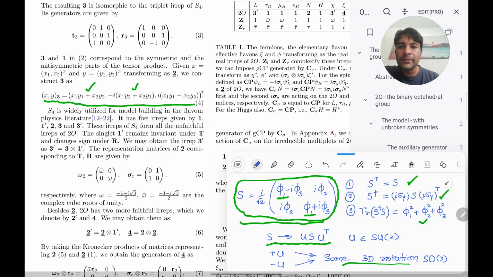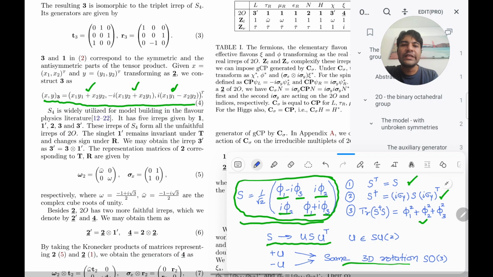It is the off-diagonal part, and you can see that it corresponds to phi2 here with this i. And the third component is x1 y1 minus x2 y2. It is also in the diagonal, but it is the traceless part, and that with an i corresponds to this phi3. So basically this tensor product expansion directly relates to a 2 by 2 symmetric matrix.